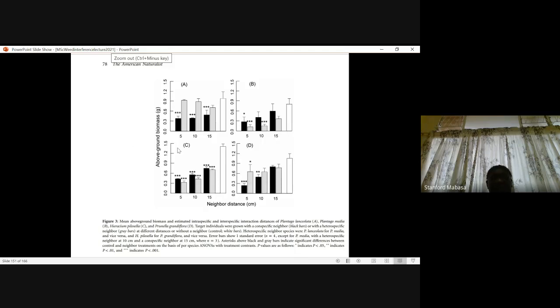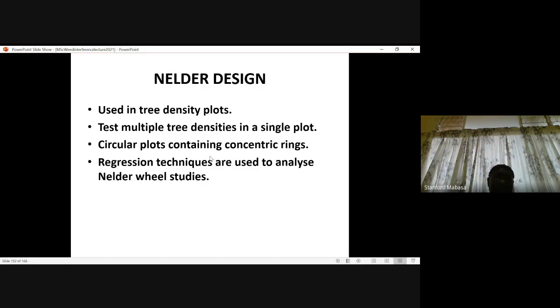You can read about this neighborhood experiment from this paper. Maybe you'll get an understanding about this experiment or procedure.